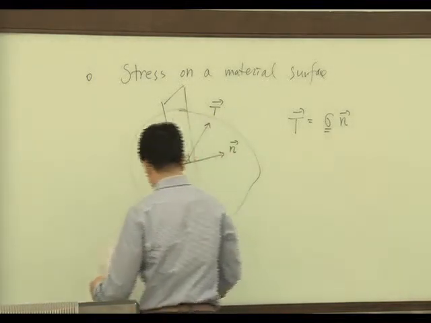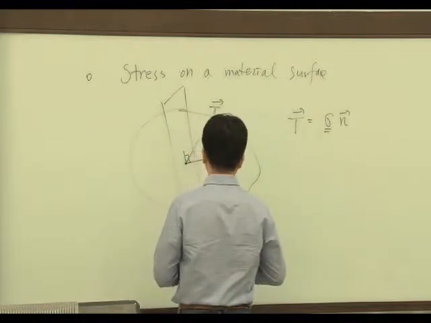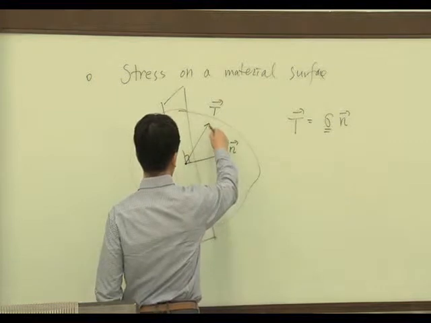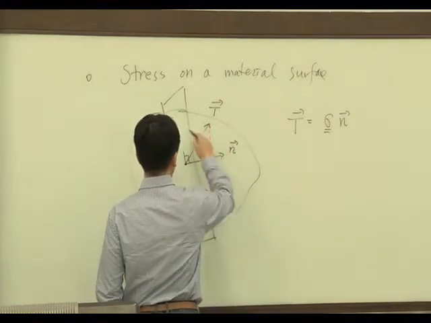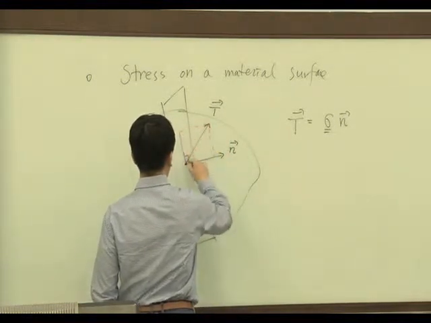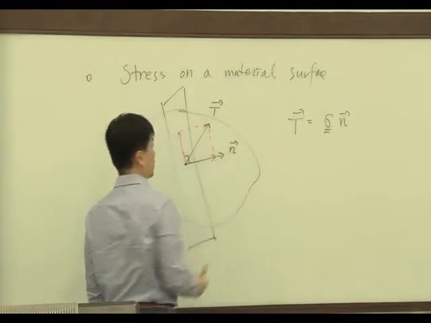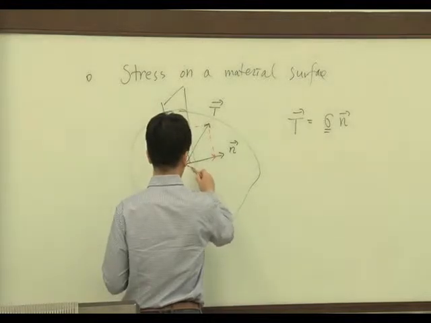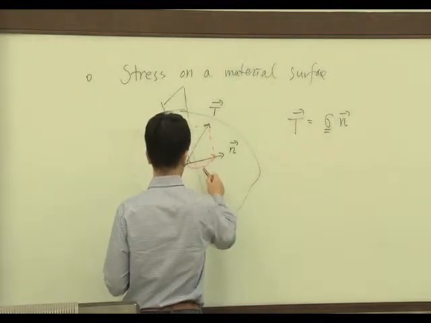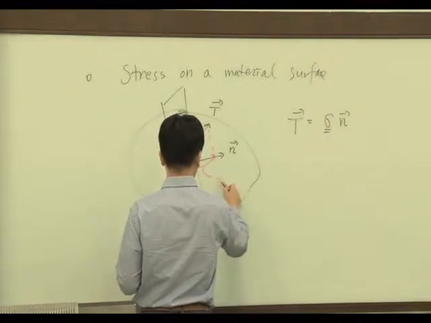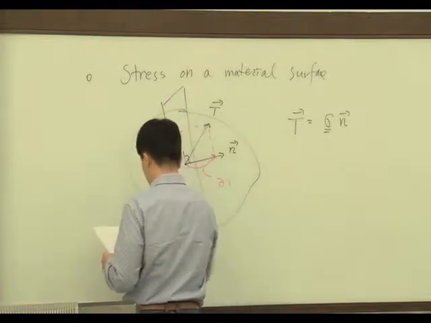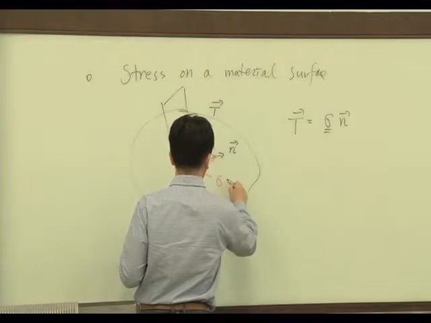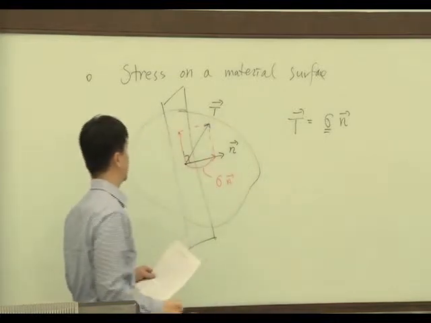And this traction vector can be decomposed into two parts. One is a normal part, let's say this is sigma n, and its direction is the same as n.